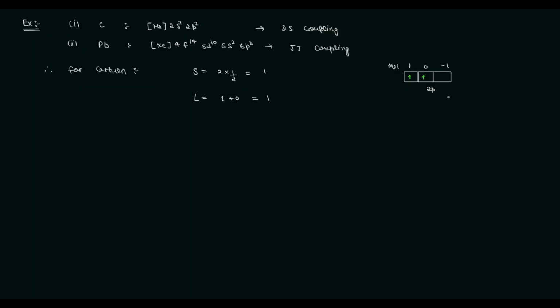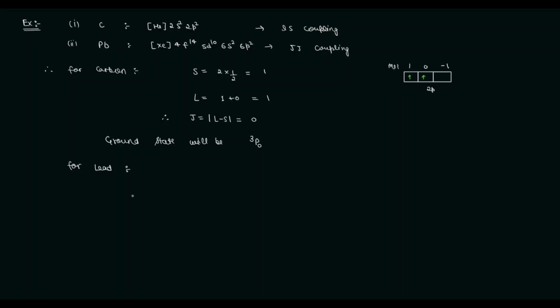Now as the shell is less than half filled, J must be L minus S, which is equal to 0. So the term symbol for the ground state will be 3P0.